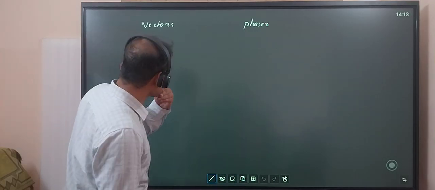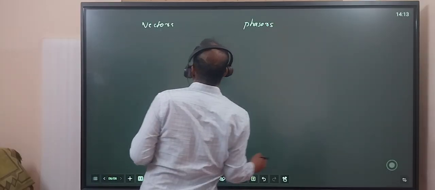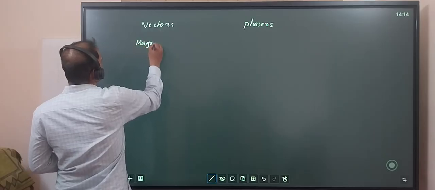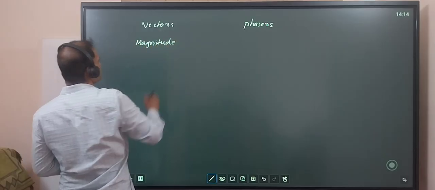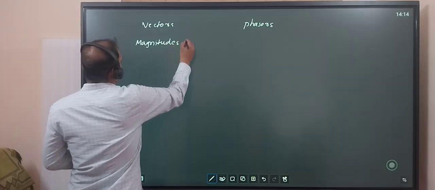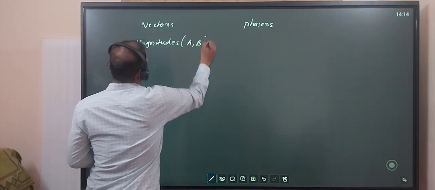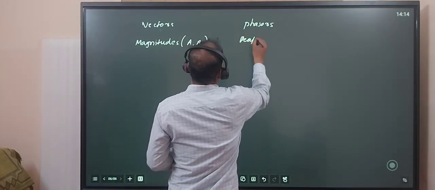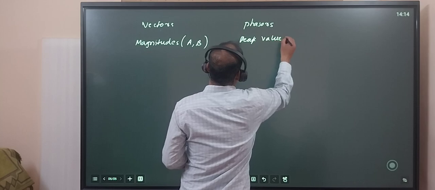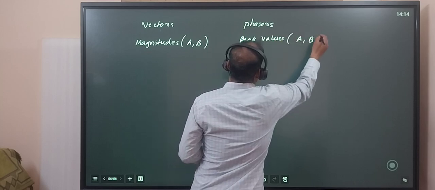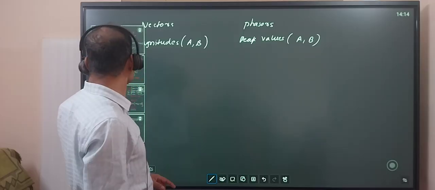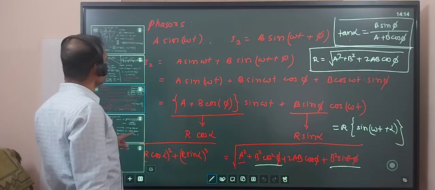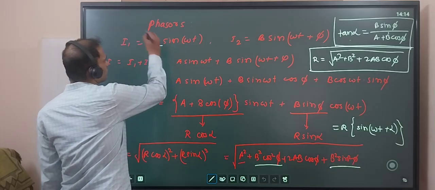Now in vectors we have magnitude, right? Magnitudes A and B. And in phasors we call them peak values, A and B. You can go to the previous slide and see that we are adding two currents.